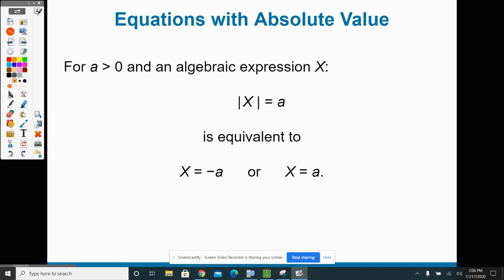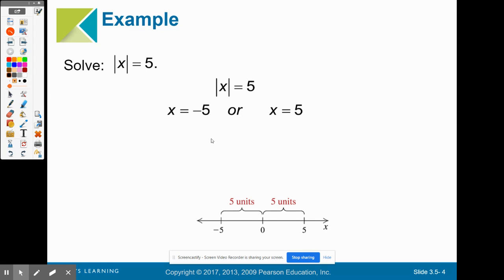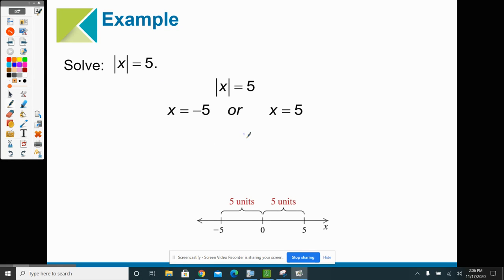So let's look at a couple examples. That's the one I just talked about. 5 is 5 away from 0, and so is negative 5, because you can go to the right or to the left. But let's say I said the absolute value of x plus 1 is 5. This is not much different, because inside of this absolute value symbol, there are two things that could make it true.